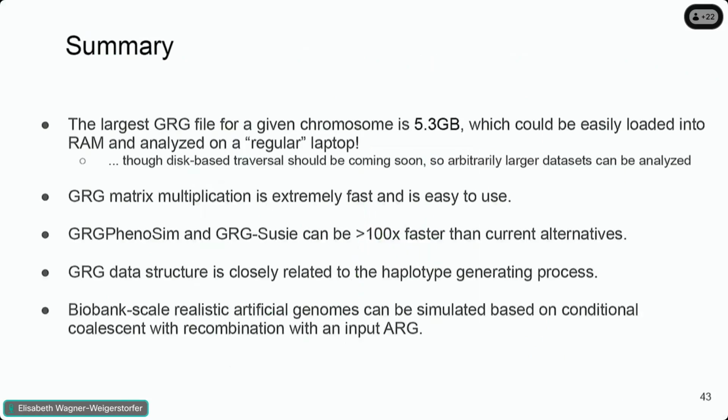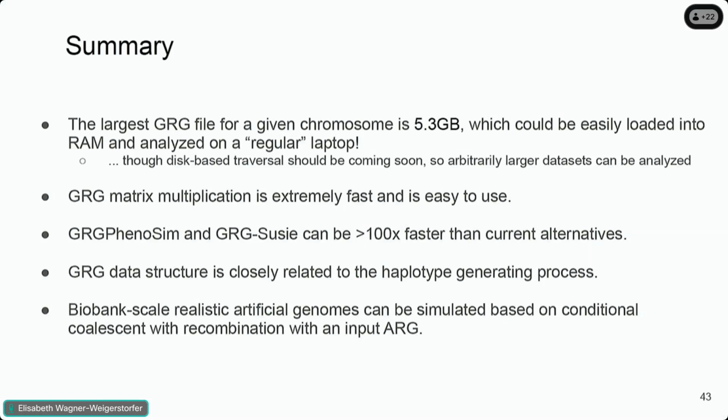Okay, so in summary, I talked about how GRG works quite efficiently for compressing the data. For each chromosome of a biobank-scale dataset, it can now fit into the RAM of a regular laptop. GRG matrix multiplication is extremely fast, and we have a Python API that also makes it quite easy to use.